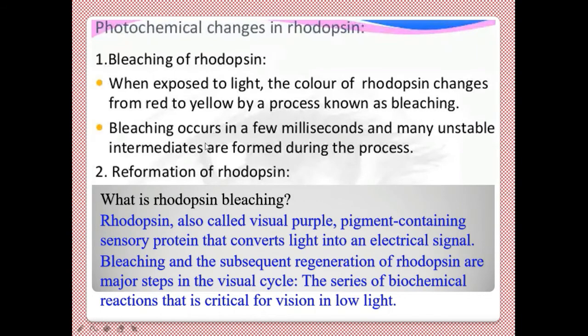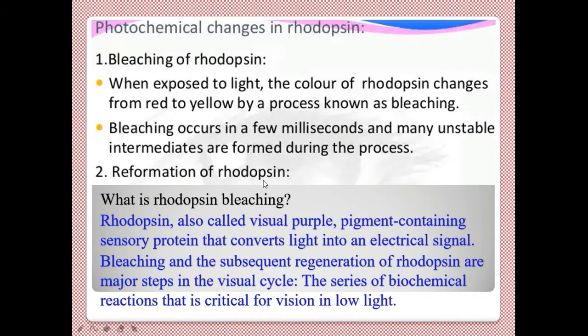Photobleaching occurs in a few milliseconds, and many unstable intermediates are formed during it. After that, opsin and all-trans retinal are separated. Then all-trans retinal is converted to 11-cis retinal, which alone can bind with opsin protein and form rhodopsin again. That is the reformation, or regeneration, of rhodopsin, the second step.